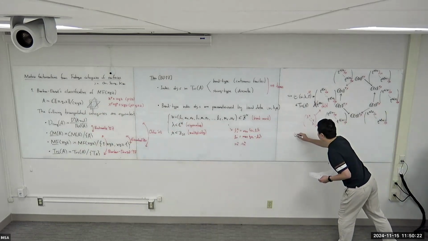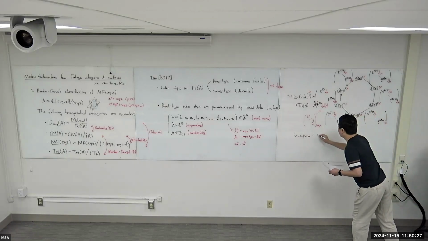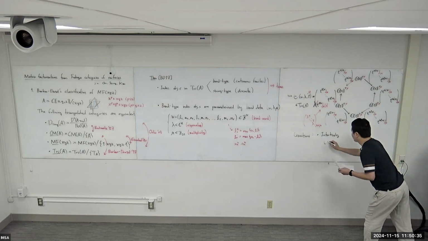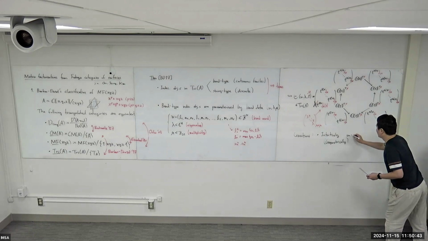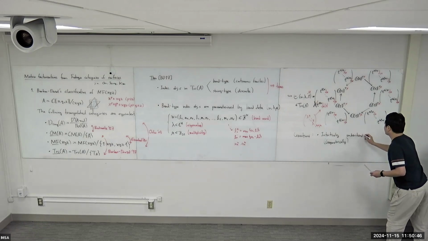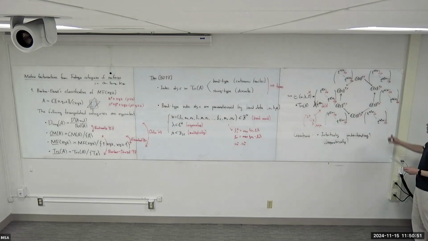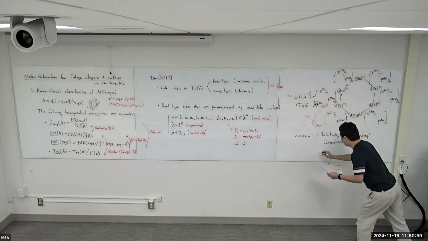But still, we can raise some questions like how can we intuitively or somehow geometrically understand this classification. It's quite complicated, but we want to analyze where it comes from geometrically.